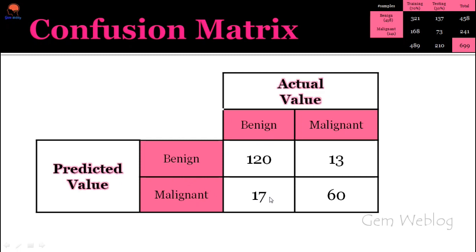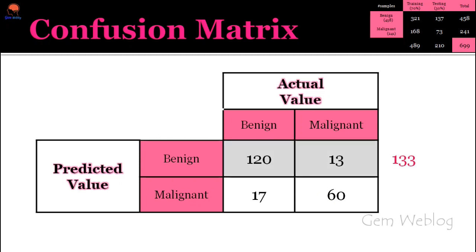And 17 samples that belong to the benign class have been incorrectly classified as the malignant class by the ML model, and 16 samples that belong to the malignant class have been correctly classified as the malignant class by the ML model.